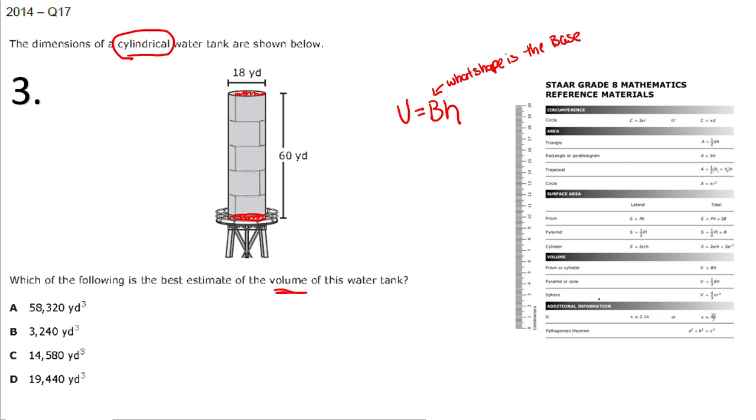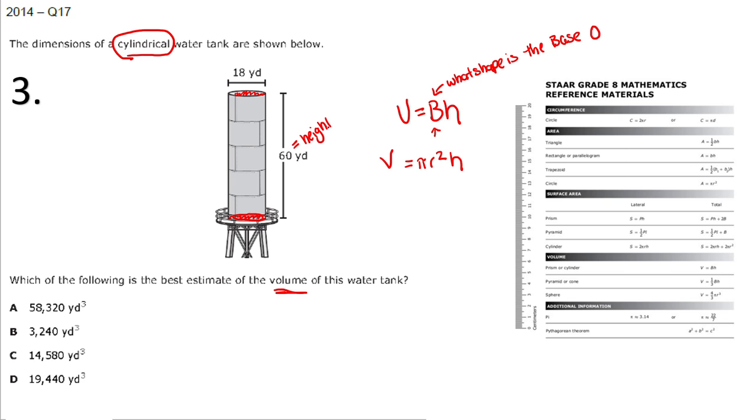Your base is a circle. So since it's a circle, we got to use right here area of a circle. So we're going to use for the base pi r squared. So our volume is now pi r squared times the height. The height is going up and down, so this is the height.